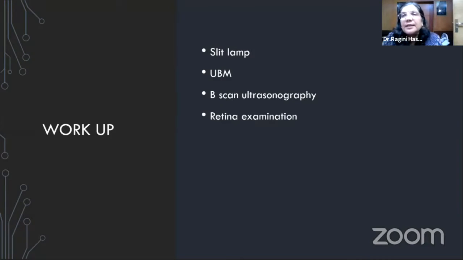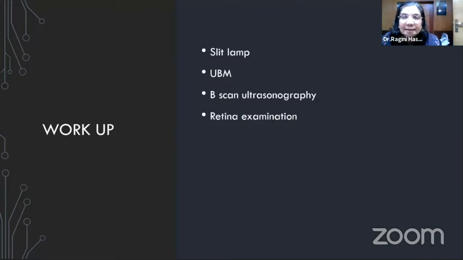If there is a possibility that you can get a UBM done, it is important because by UBM you can assess the relation of the ocular structures to each other and whether there is any more damage occurring. B-scan and retina examination is a must. These are also important for medico-legal purposes, because if the patient has a history of trauma, then the retina examination is very important, because you may miss something in the retina which may be a cause of poor postoperative vision.